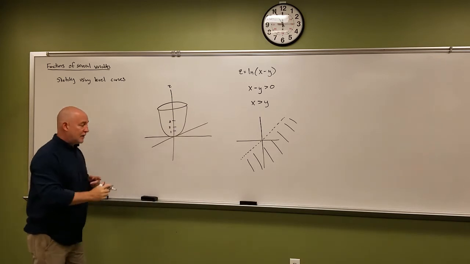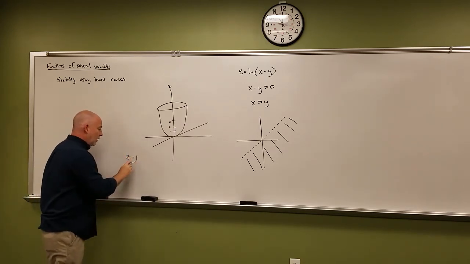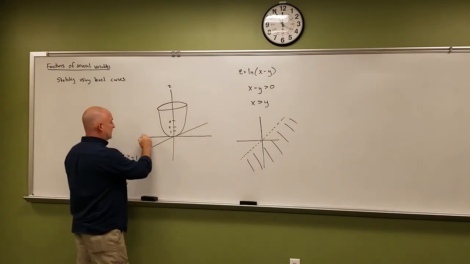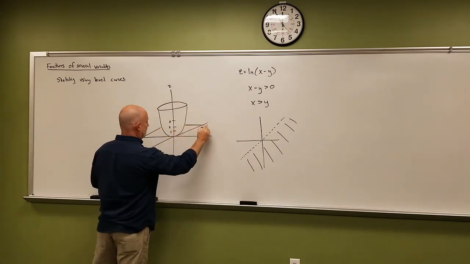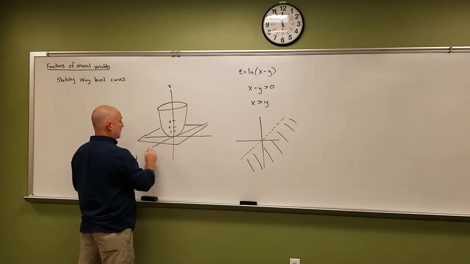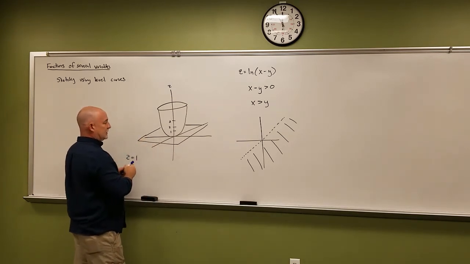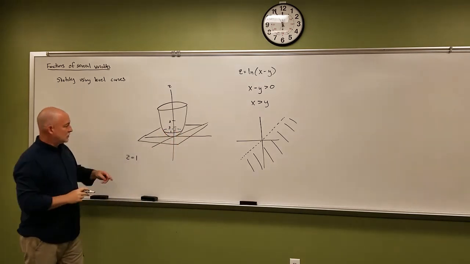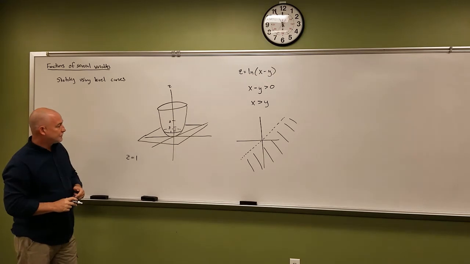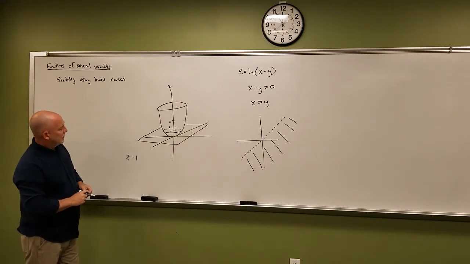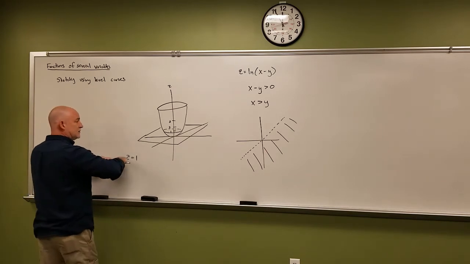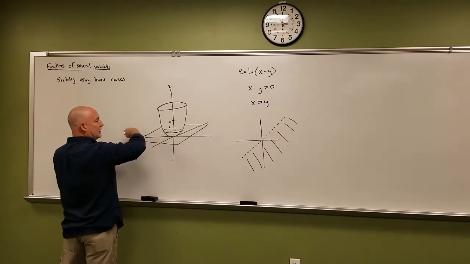Now remember, if you just have z equals 1, that's the equation of the plane that cuts through at z equals 1. What would it look like as it cut through this shape? Well, it would make somewhat of a circular shape as that plane cut through there. So you kind of get the idea. We take these different z values and we're just cutting it across.